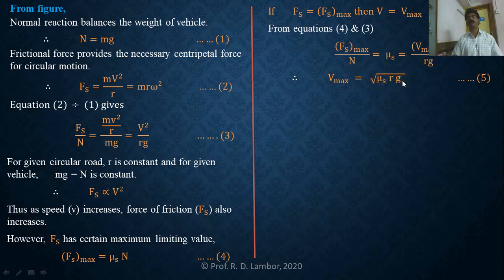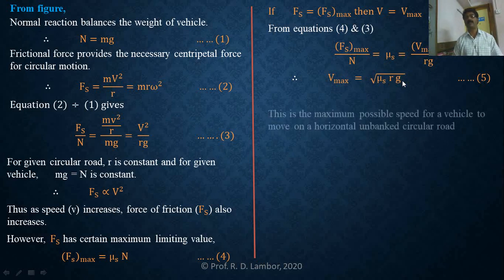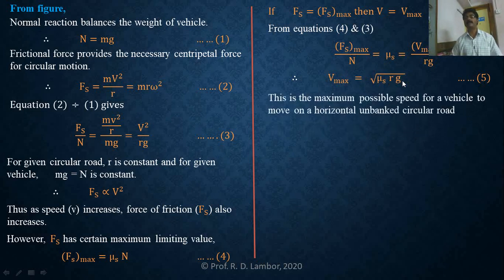What does this equation tell us? This equation tells us that this is the maximum possible speed for a vehicle to move on a horizontal unbanked circular road. Unbanked means the road whose outer and inner edges are at the same level.